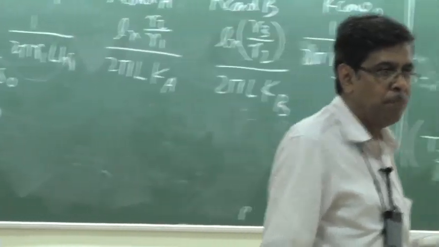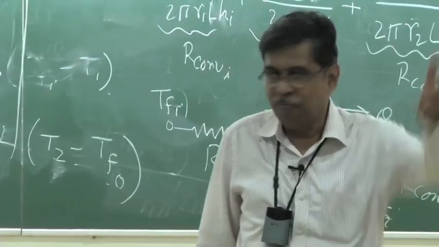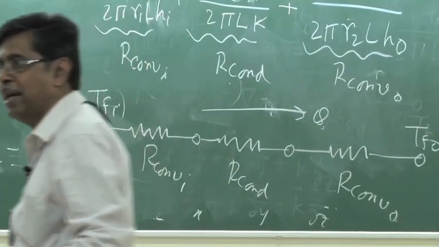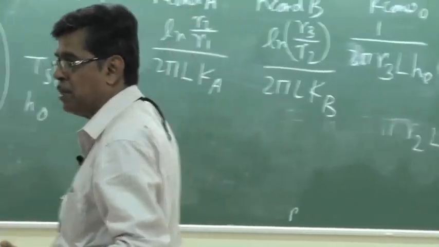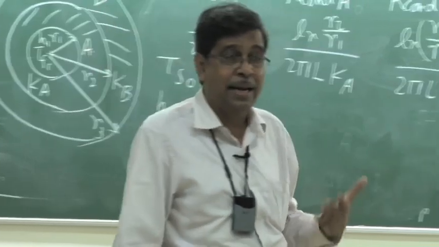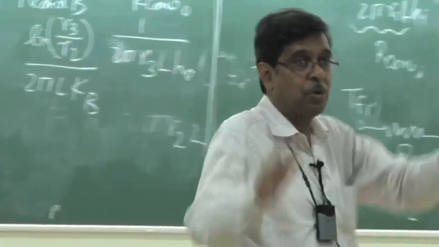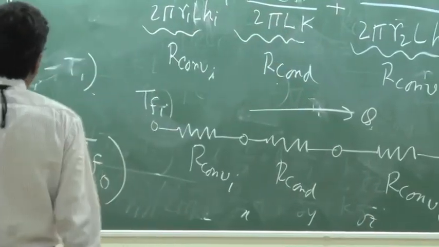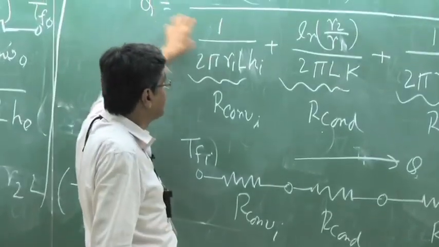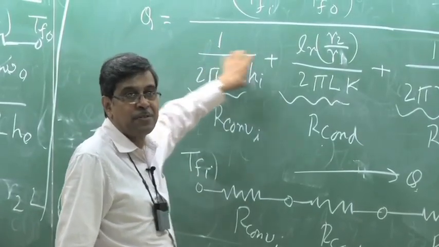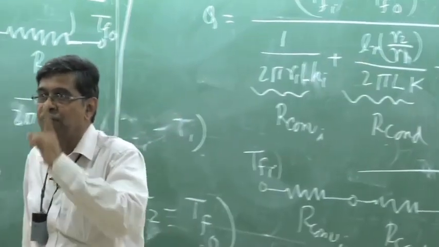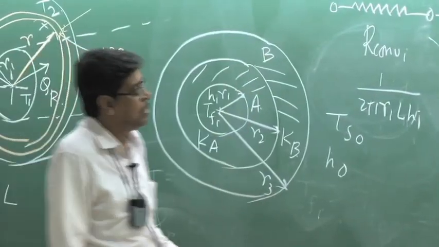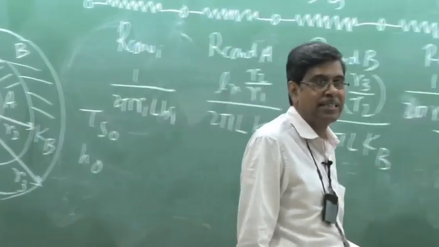Okay. So today I will stop here. Well, it is a little before the time, but the next thing is the critical thickness of insulation. That I will take in the next class. Now I tell you, just wait, I give you a clue now before starting the next topic, that when this heat flux is given by this, one thing you see, that if you increase the outer radius, then two things happen in contrasting nature.